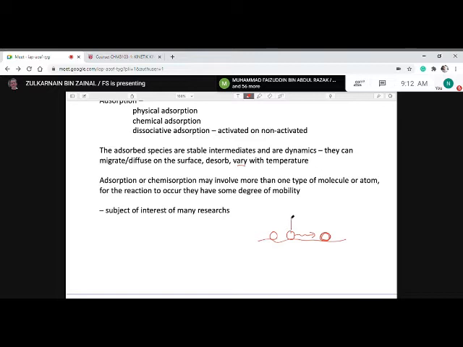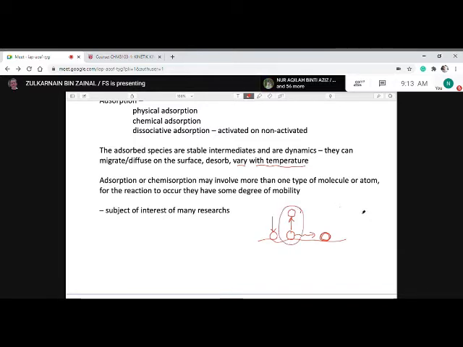And at the same time, they can also desorb, back into the surface, or they can diffuse to a different place, and this may vary with temperature. If you apply a different temperature, the reaction will be faster, for example, diffusion will be better, and desorption will be easier.